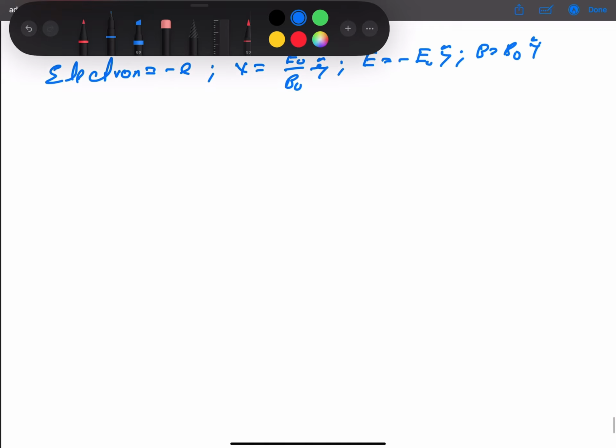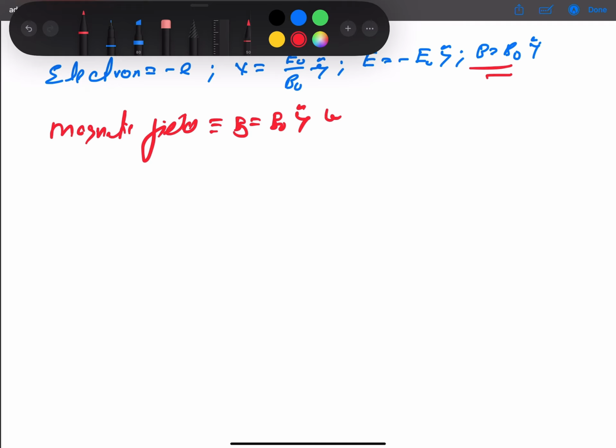So first of all we have to check the magnetic field. The magnetic field B is B naught y unit vector, which is along y and not z.